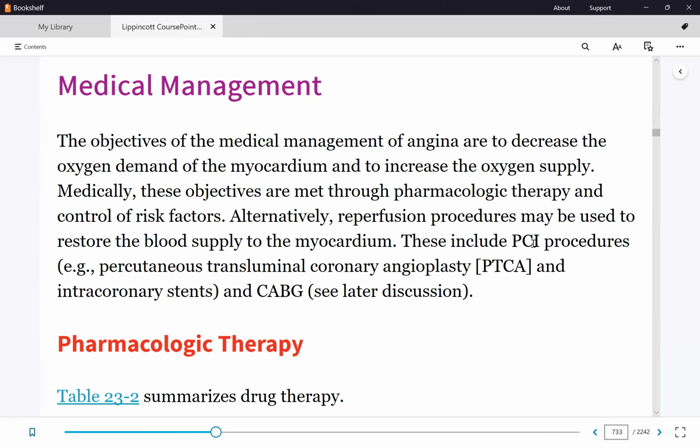Now the PCI here, which is percutaneous coronary intervention or cardiac catheterization, can be done as a diagnostic as well as a preventative intervention, meaning they can use PCI to diagnose. Okay, so a PCI uses a dye, so you'll be taken to the cath lab.